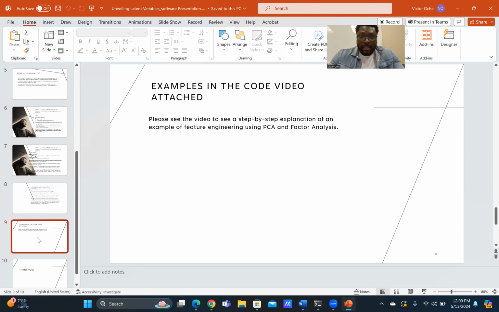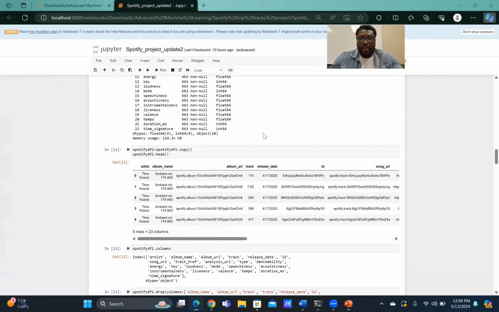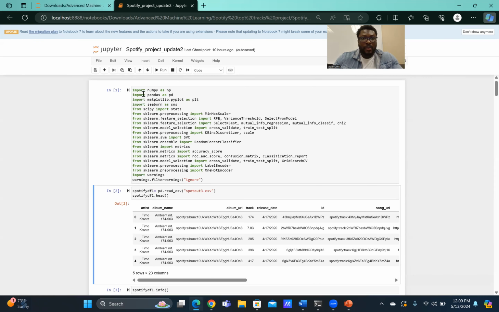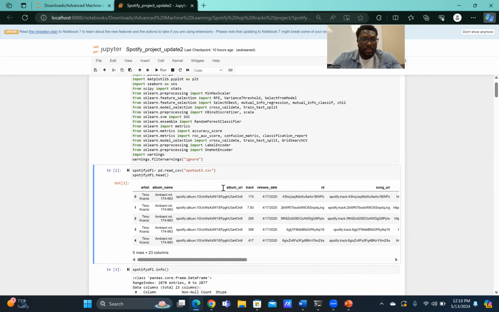We'll get into an example to show you how this is done and interpreted. So I'll bring up a notebook that I've done. I'm using the Spotify data set, which is a subset of the data set that we're using for our project to illustrate this.